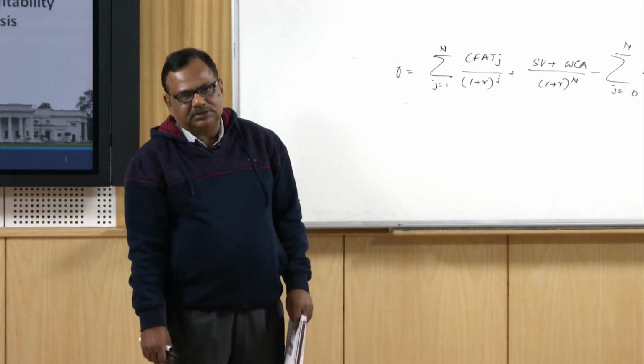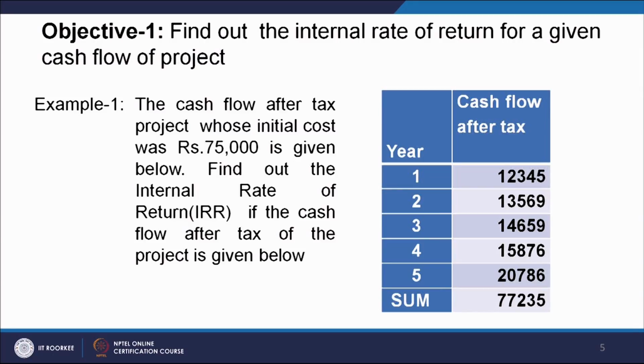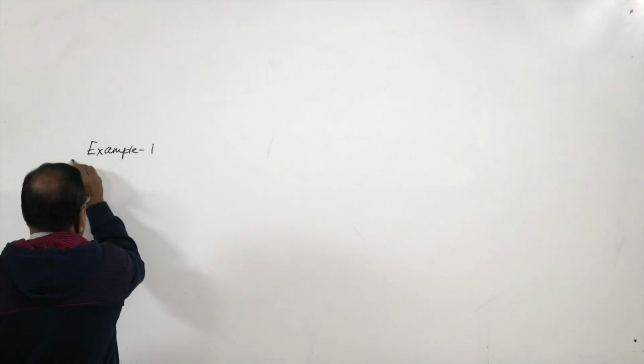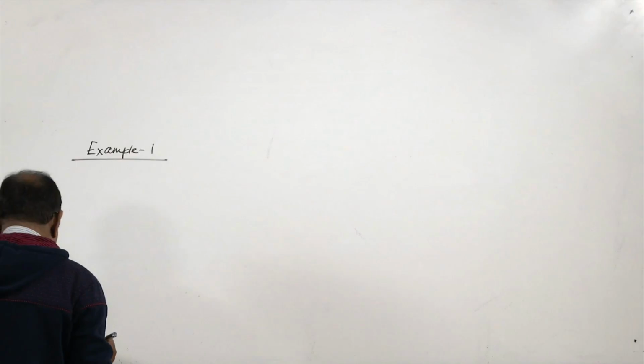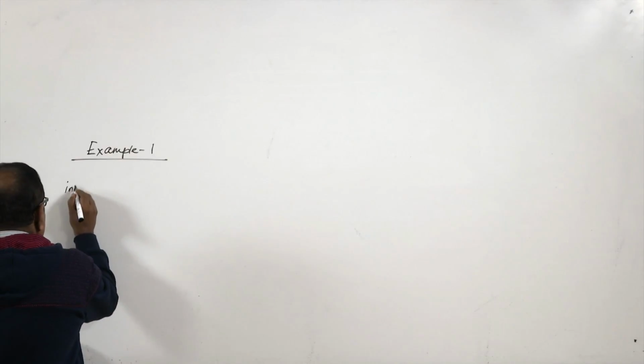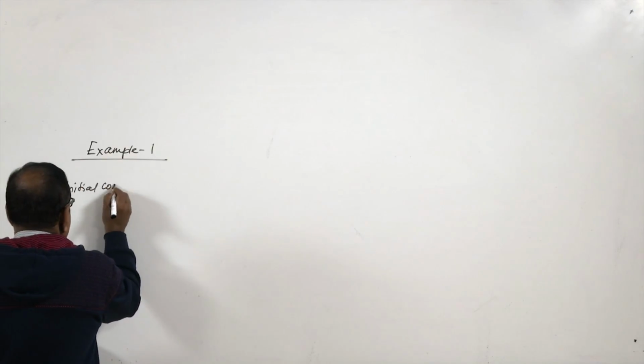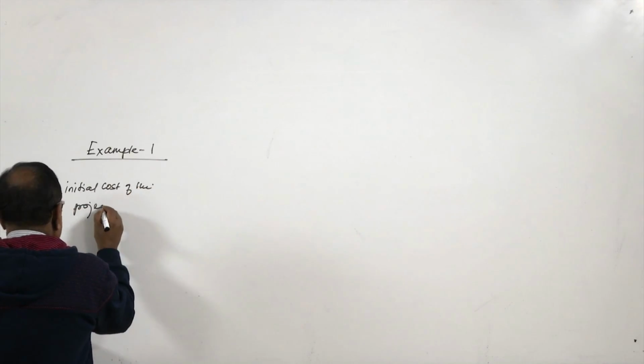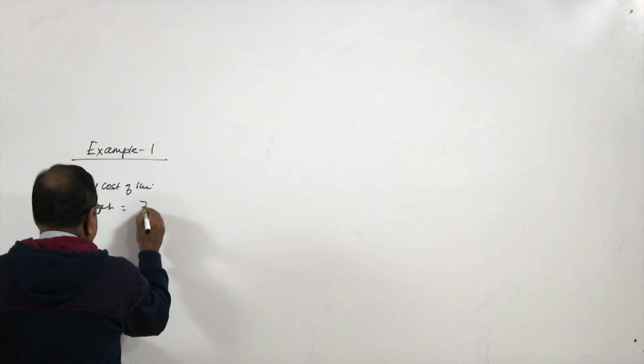Now, let us take this first example. The objective of this first example is to find out the internal rate of return for a given cash flow of a project. The initial cost of the project is 75,000.